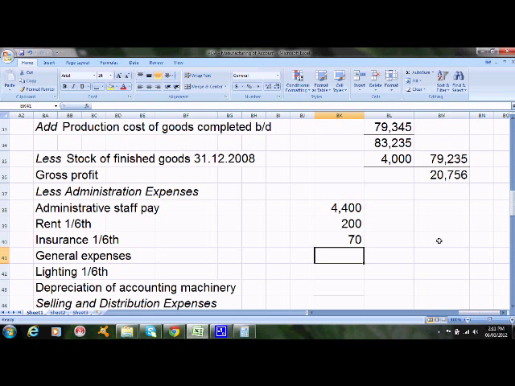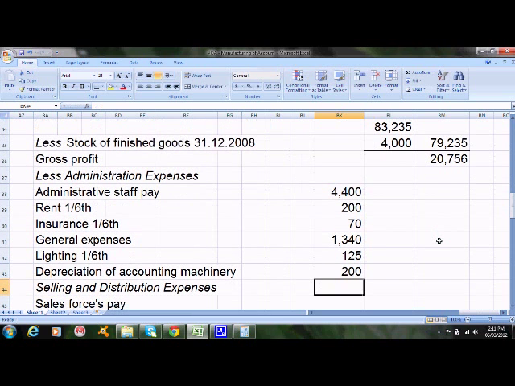General expenses 1,340. Lighting, 1/6, is 125. And the depreciation of accounting machinery is 200.